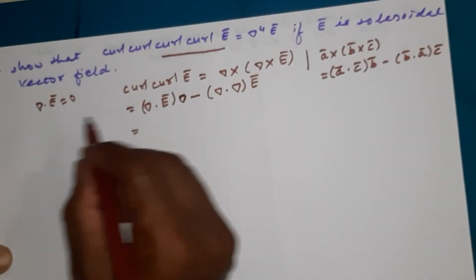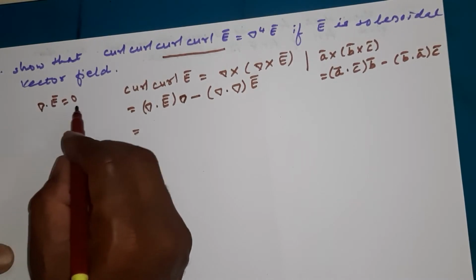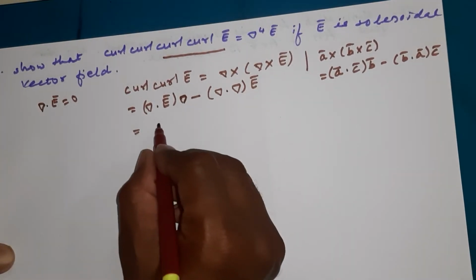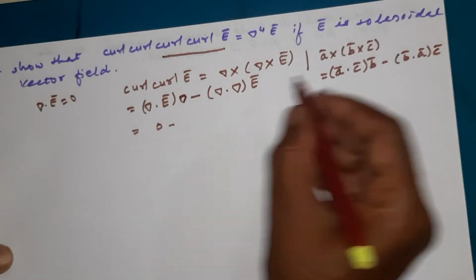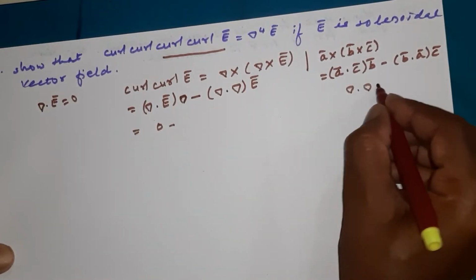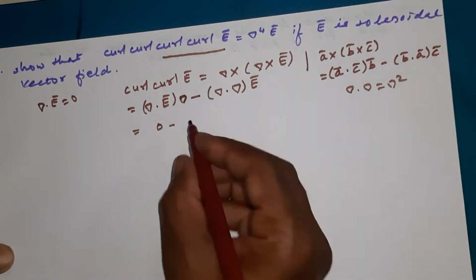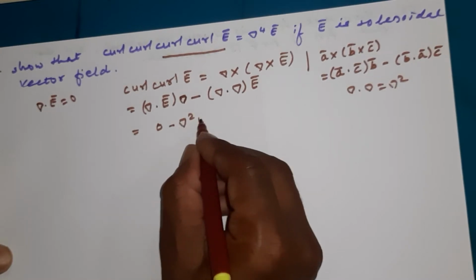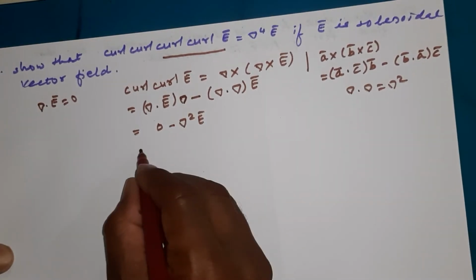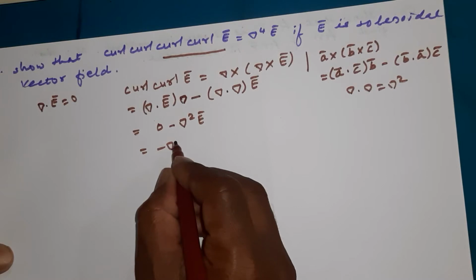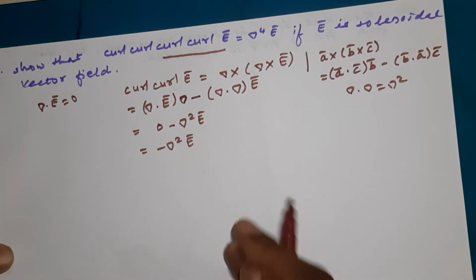But del dot E bar is 0. Del dot E bar is 0. So this term is 0 minus del dot del is del square, so del square E bar. So my answer is minus del square E bar.